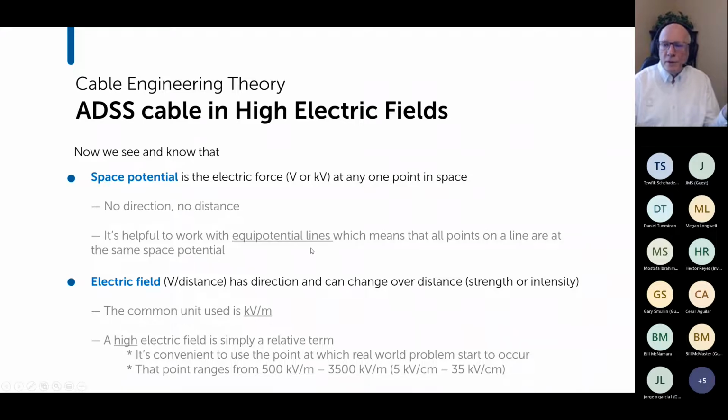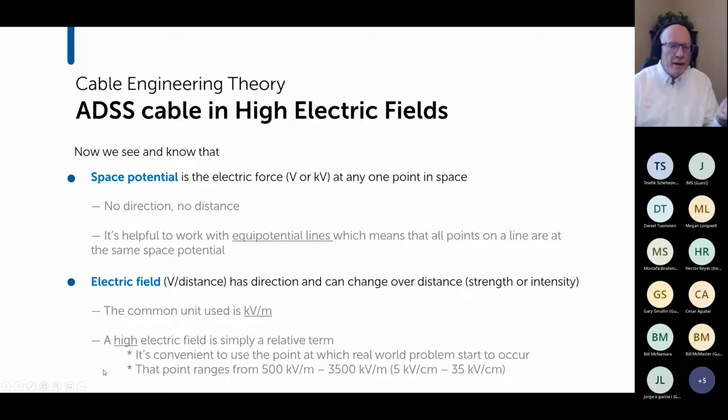The equipotential lines are all points at the same potential, and we'll see later why that's of interest and helpful. And the electric field was looking at the space potentials across a distance with a direction to it as well. Again, a vector. And the unit that's commonly used there is kilovolts per meter.